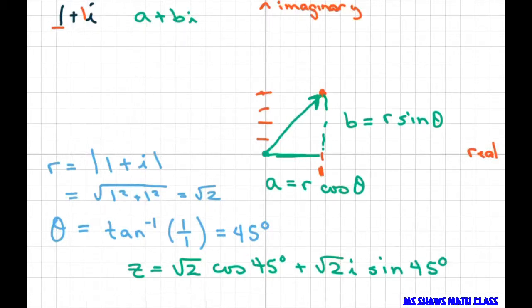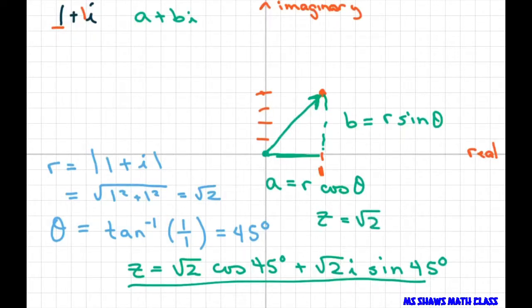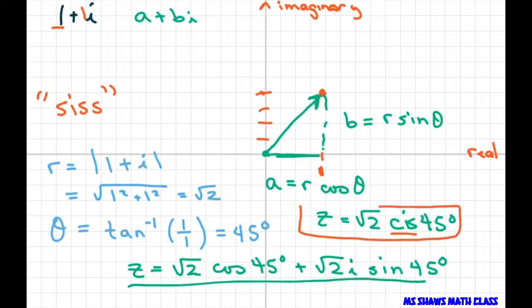And we can shorten this up by writing z equals square root of 2 cis of 45 degrees. Now this is pronounced C-I-S. So that's how you pronounce that. So this would be your final answer. And this is your Argand diagram with the arrow.